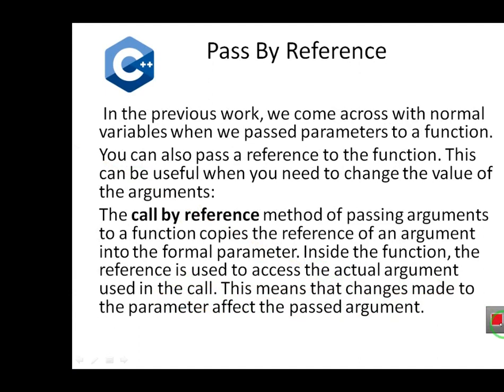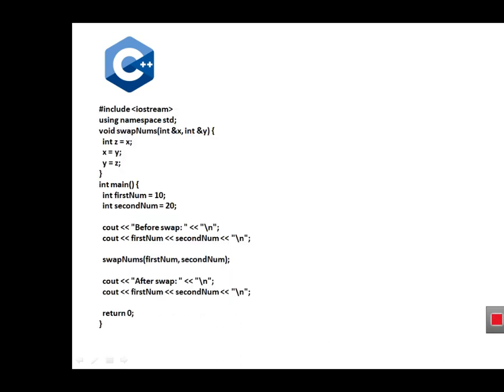With the help of a program, I will tell you how it works. Okay, so here we are looking at the swap program. Swap means whatever the user gives, it will interchange the values, like 1 2 into 2 1. So here we try to understand this program. Hash include iostream, using namespace std.